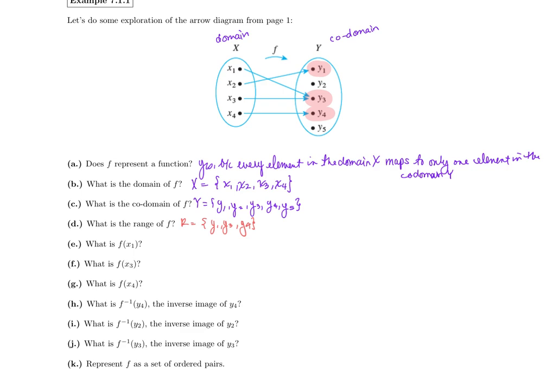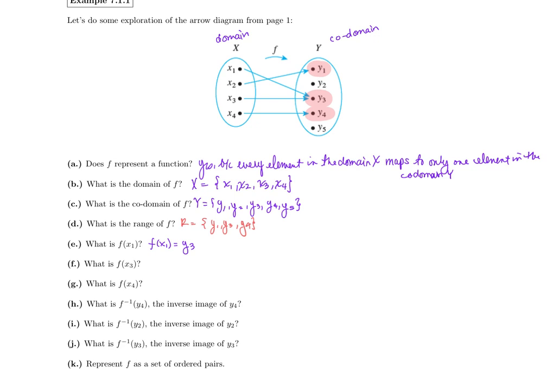For part E, part F, and part G, these are actually a lot easier than you think. This is just literally taking that idea of function notation you've known and applying it to this problem. If I asked, what is f of x1? Well, here's x1. f maps x1 to y3. So we would say f of x1 is equal to y3.